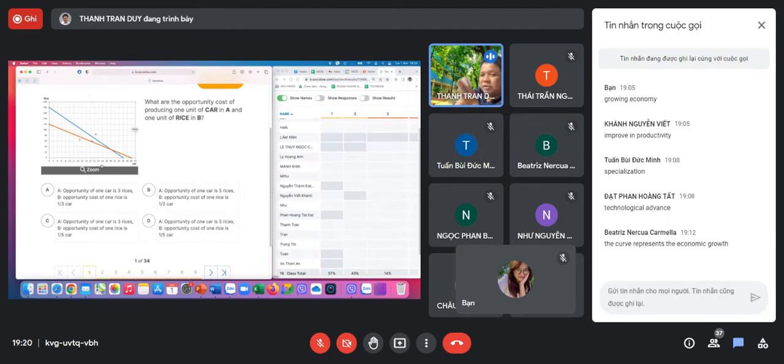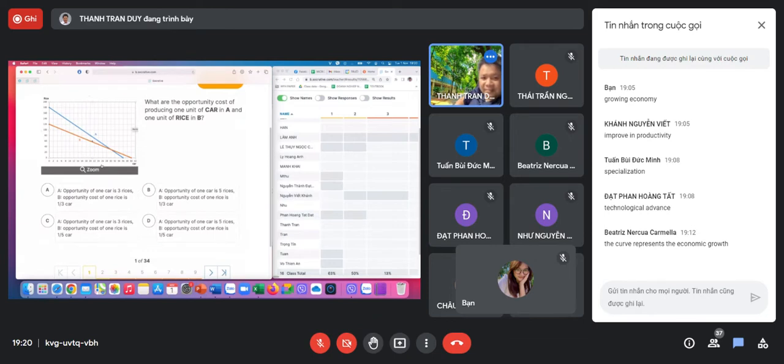So in A, what is the opportunity cost to produce a car? How much? You take 180 divided by 36, it's 5.